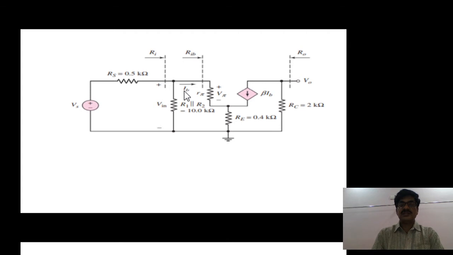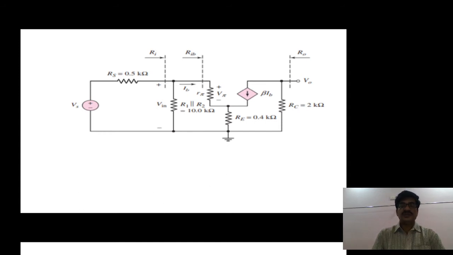Since the DC sources are zero, that is, they are treated as short circuits, the R1 resistor comes in parallel with R2, whereas the collector resistor is connected between the collector terminal and ground, and as usual the voltage source with RS. Now here the input resistance is looking at the circuit before the biasing circuit, and the output resistance is after RC, right?